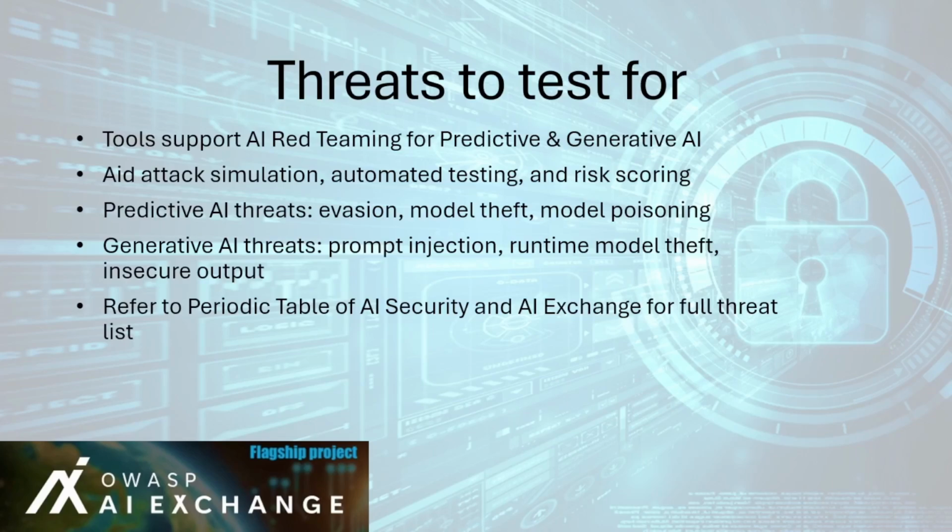And 5. Reference CSA and OWASP guides for evolving best practices. AI red teaming tools provide practical means to probe weaknesses and reinforce defenses across diverse AI systems. Regular testing, guided by threat libraries and structured methodologies, ensures proactive, resilient, and secure AI deployments.